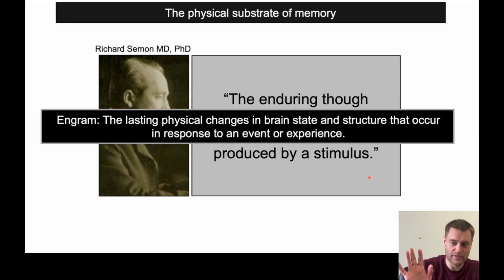So whatever that means, basically he said that the physical thing that memory is, is called the engram. This is the lasting physical change in the brain state and structure that occurs in response to an event or an experience.